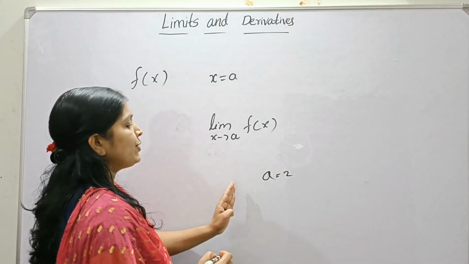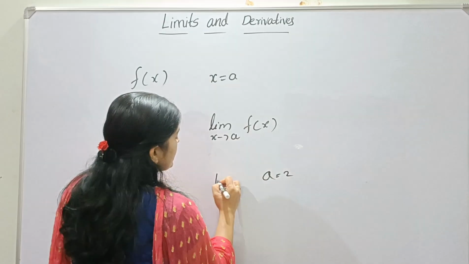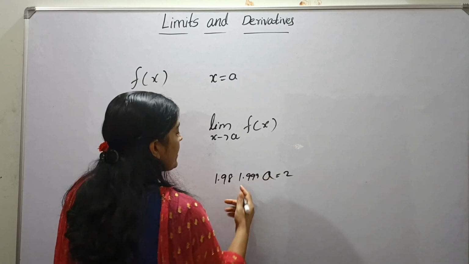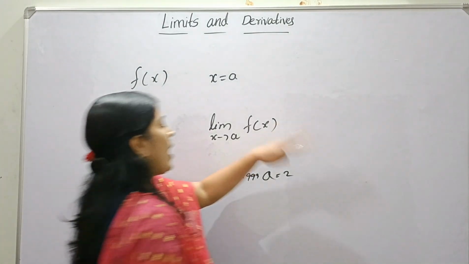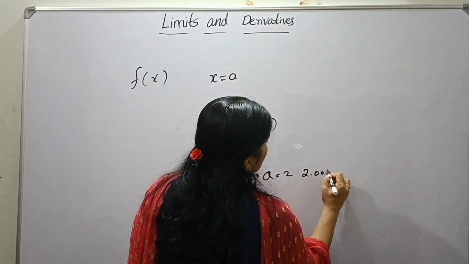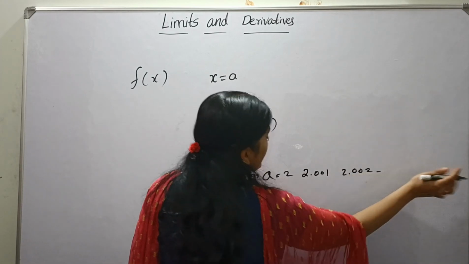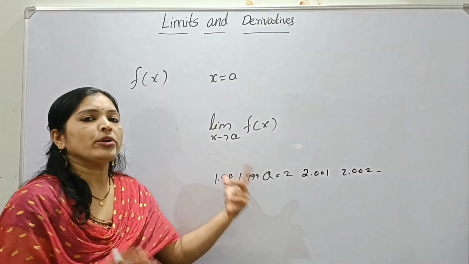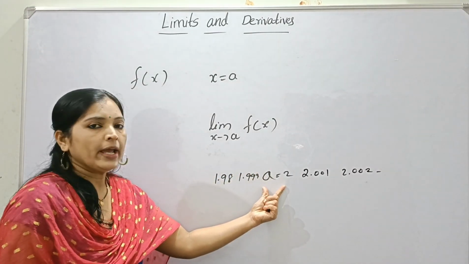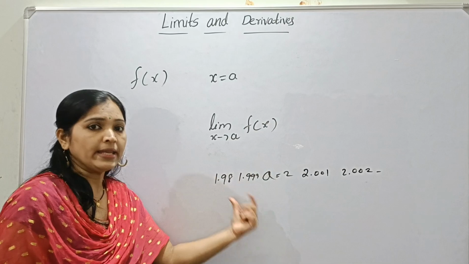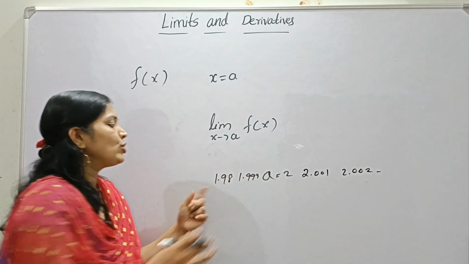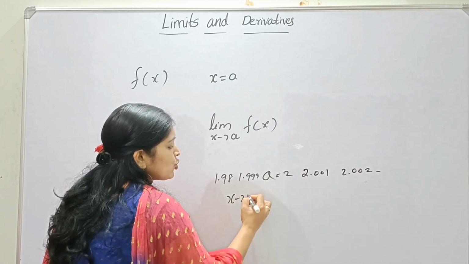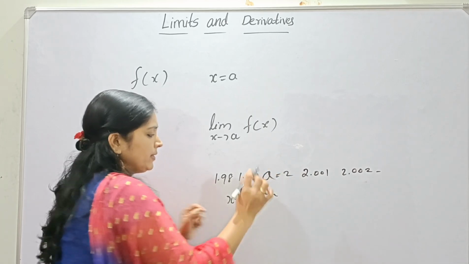Less than 2 means nearby numbers, that is 1.98, 1.999, etc. After 2 means 2.001, 2.002, etc. So when x tends to 2 from less than 2, it means 1.999.